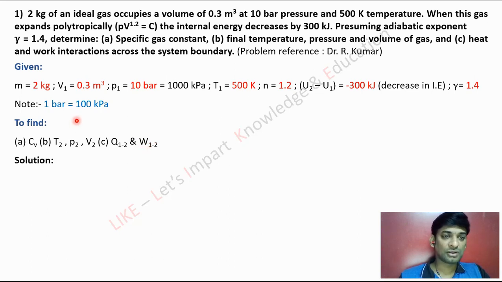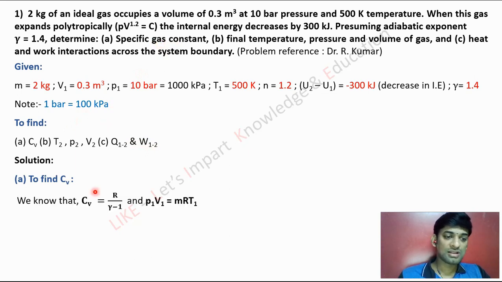Now we will start to determine specific gas constant. To find Cv, we know the formula C suffix V is equal to R divided by gamma minus 1. This R is very important. Usually R value will be given. In some cases R may not be given.